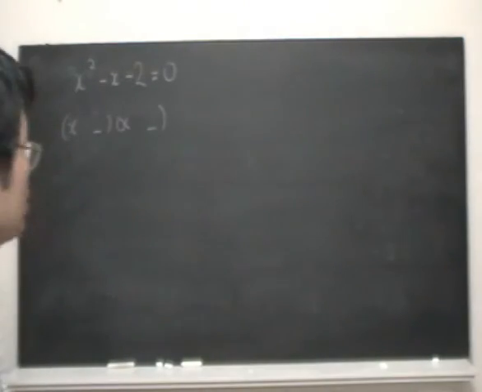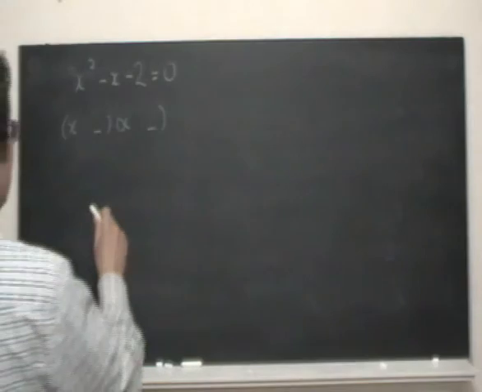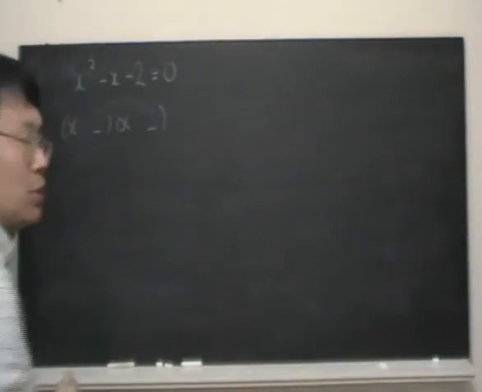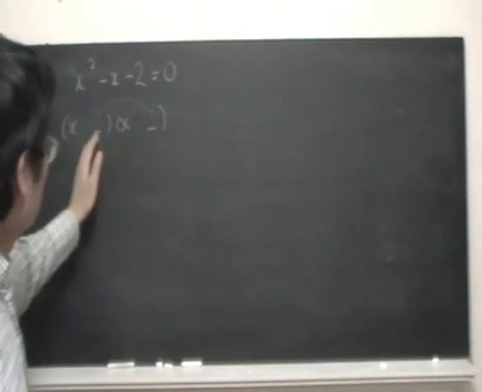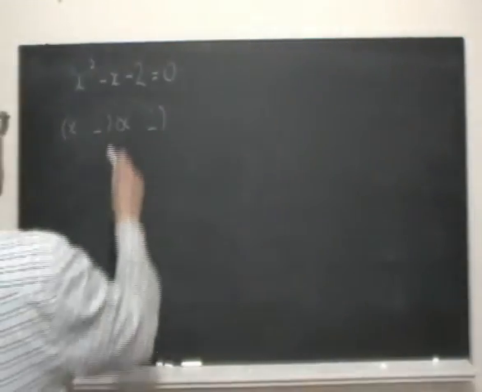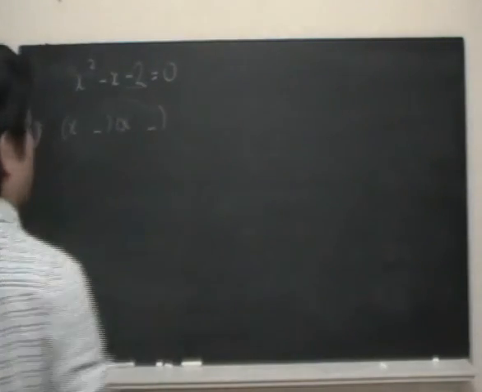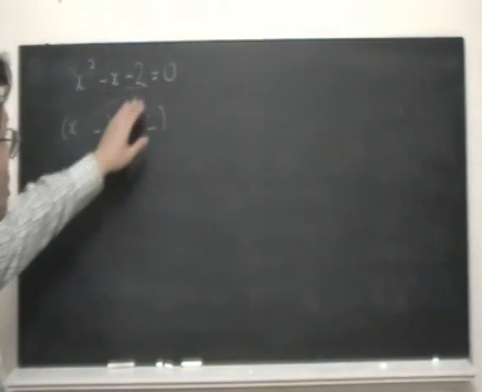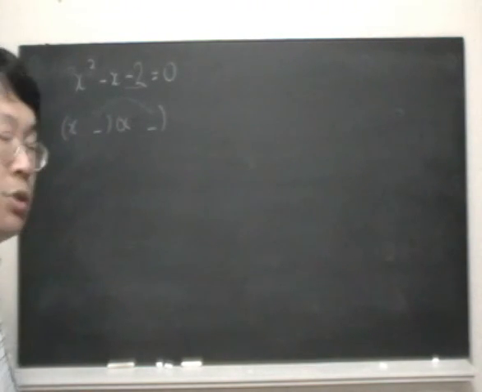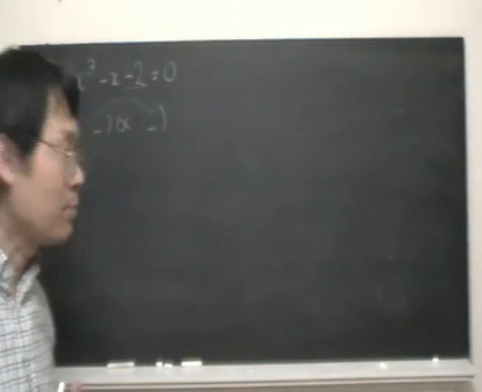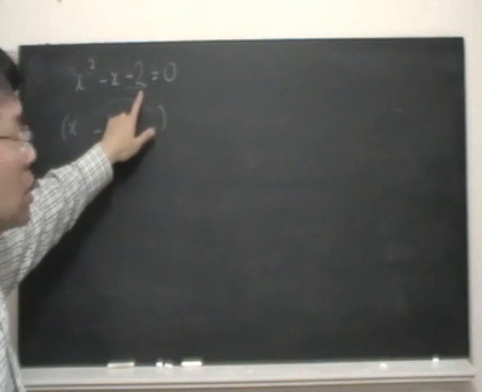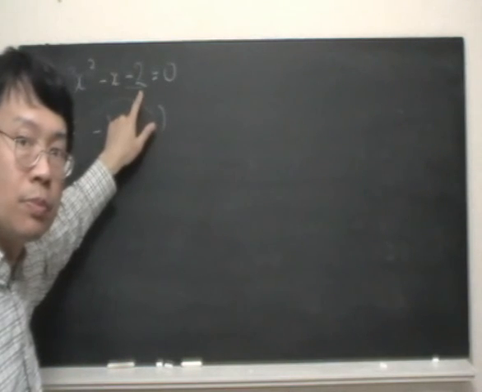So how do we find this number? Remember that the product of the two numbers in the two blanks should be equal to the number in the quadratic equation. Now I'm going to introduce a new name. I'm going to call this the constant term.